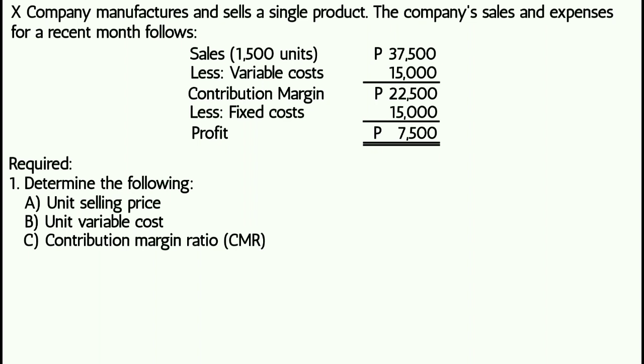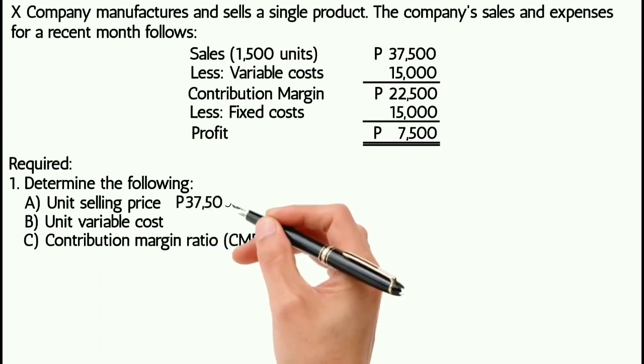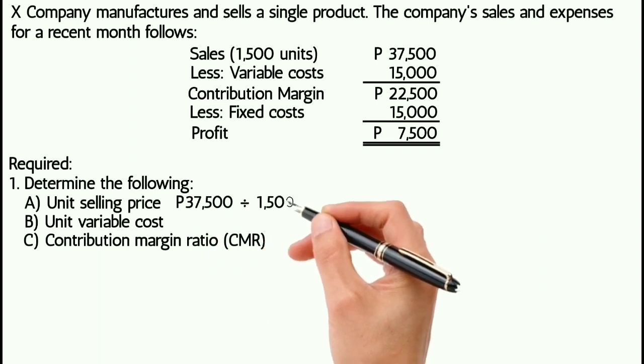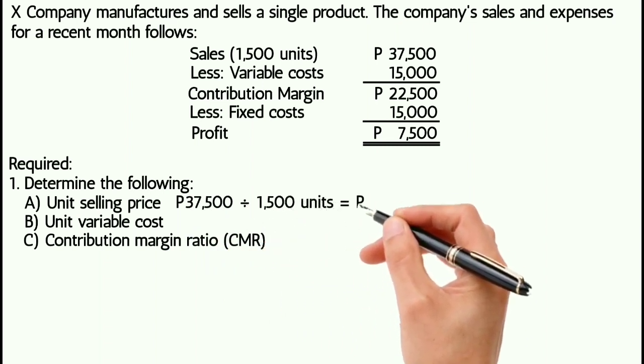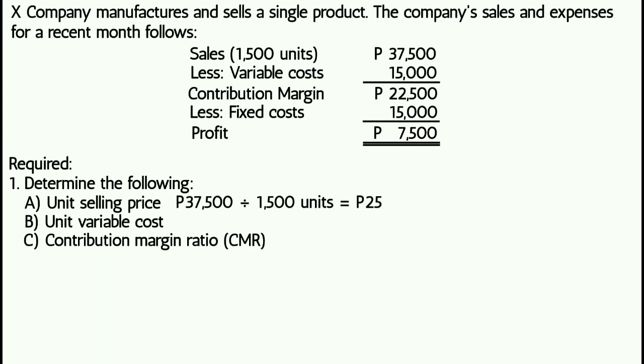The sales in pesos amount to 37,500 pesos. At yung sales in units ay 1,500 units. So, 37,500 pesos divided by 1,500 units, that is equal to 25 pesos. And that is the unit selling price or the selling price per unit.